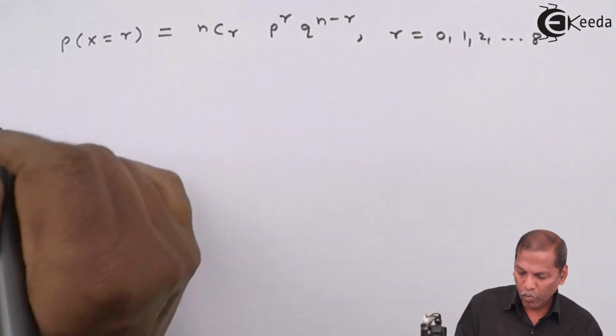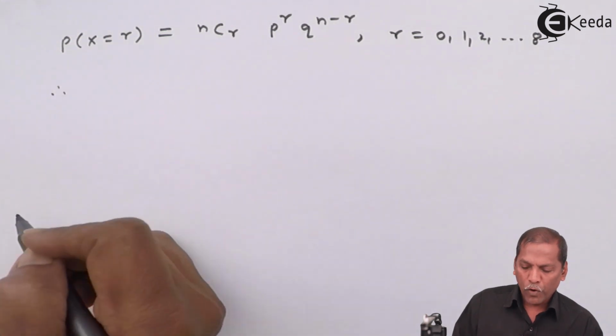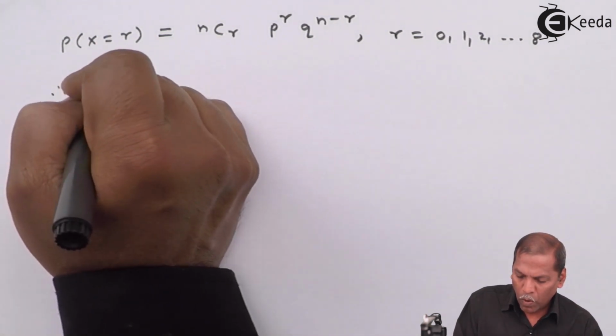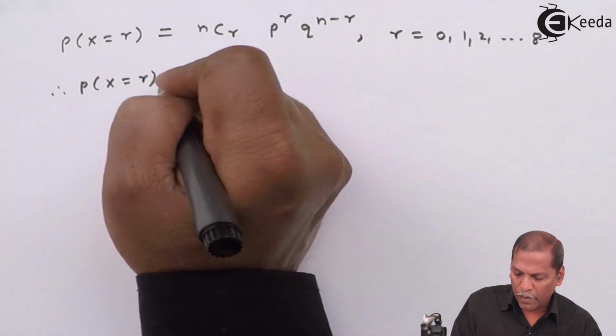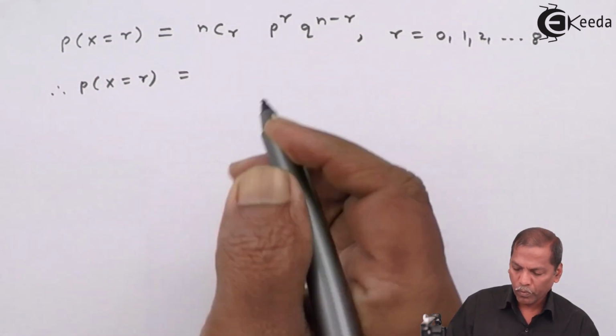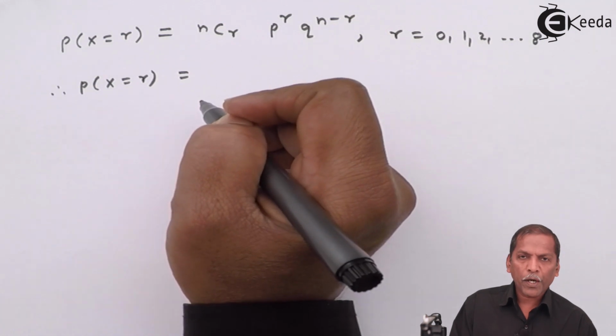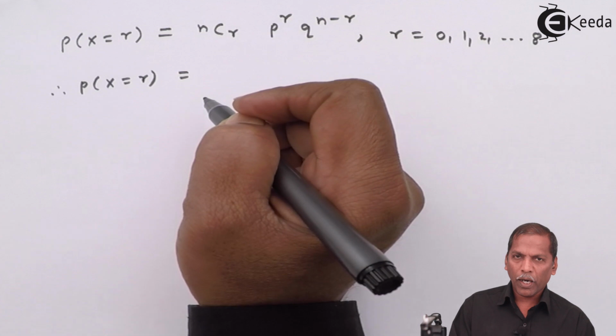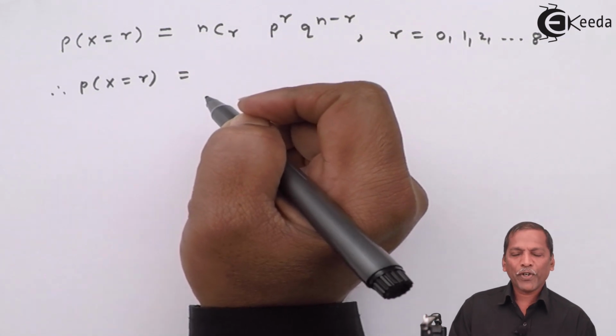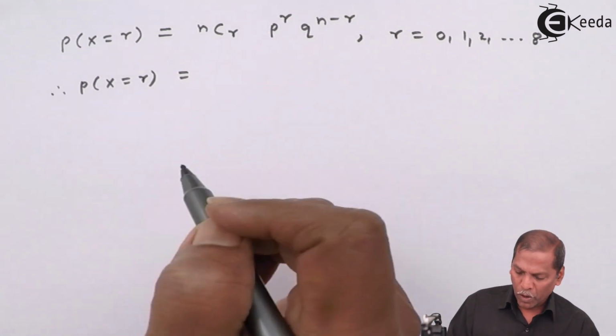Therefore probability X equal to r is equal to, now for n we substitute 8, for P we substitute 1 by 2, and for Q we substitute 1 by 2.